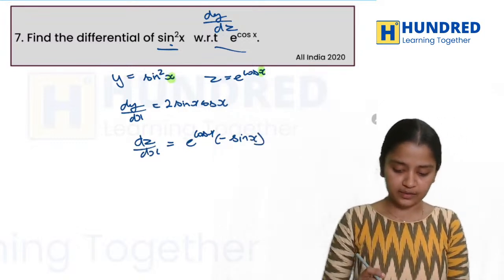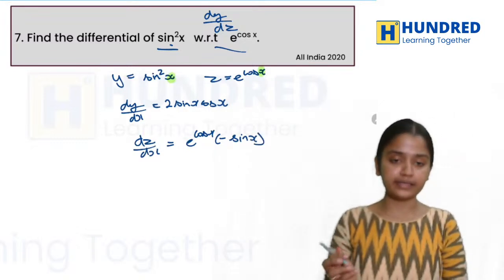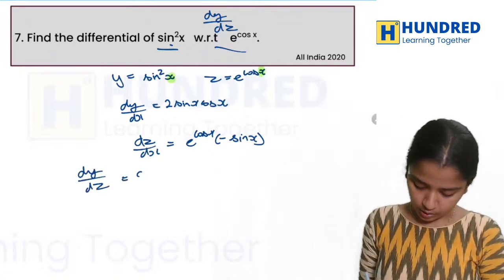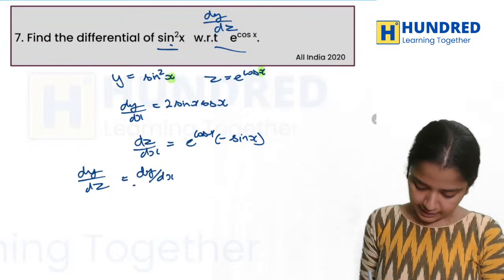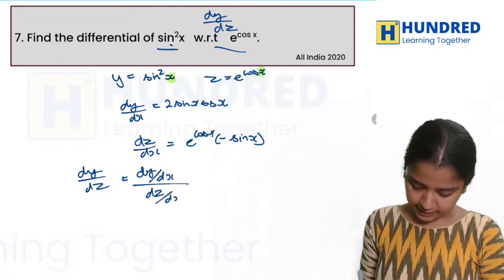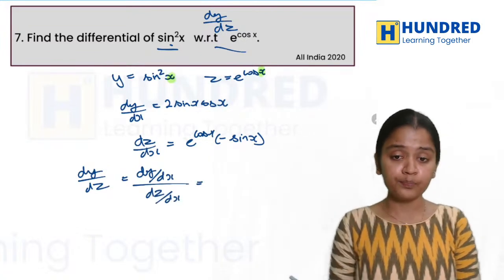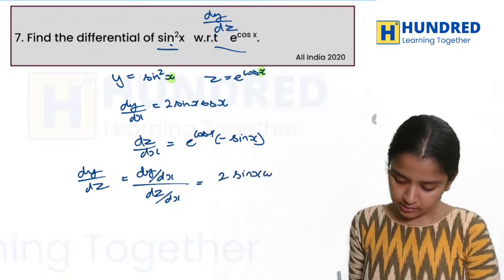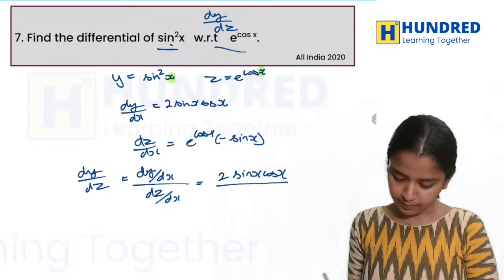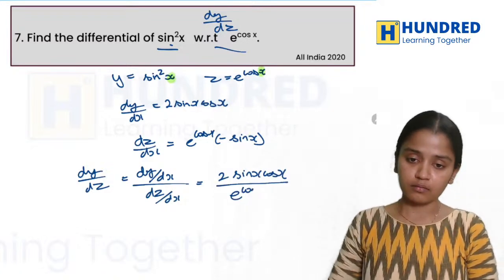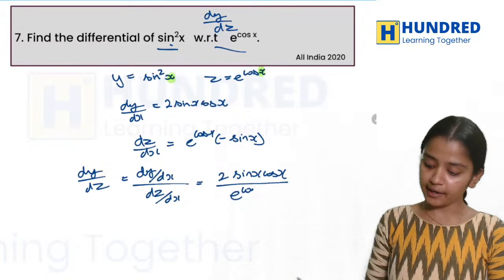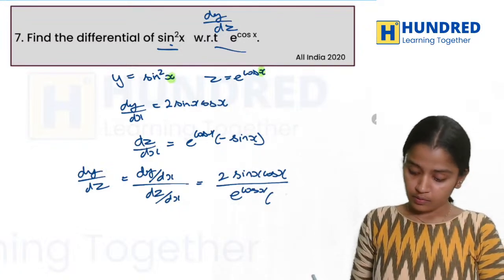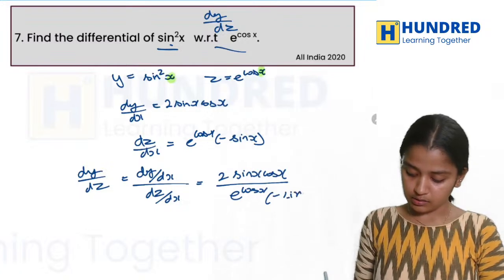Now you have to find dy by dz. So dy by dz is equal to dy by dx divided by dz by dx. So it will be 2 sin x cos x divided by e power cos x into minus sin x.